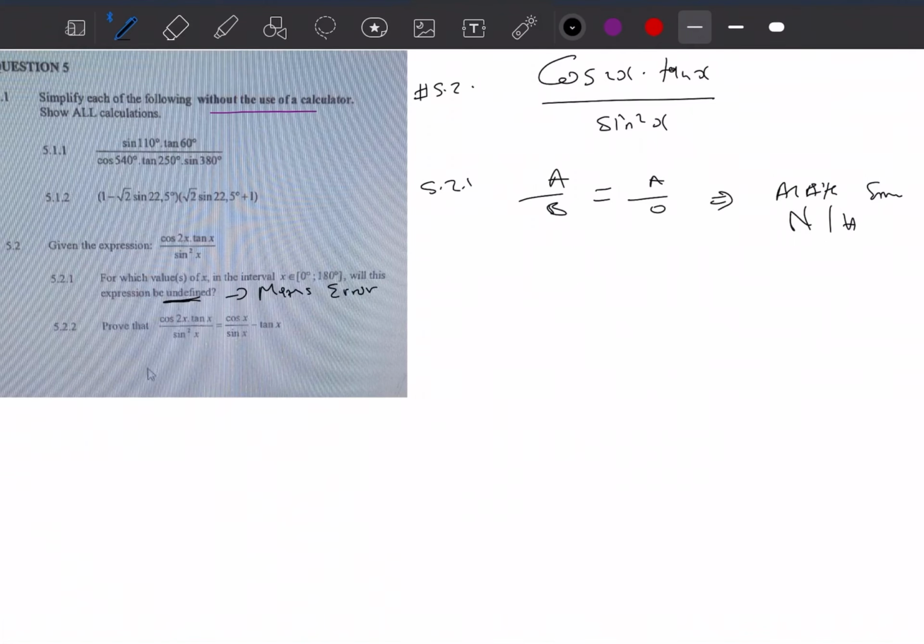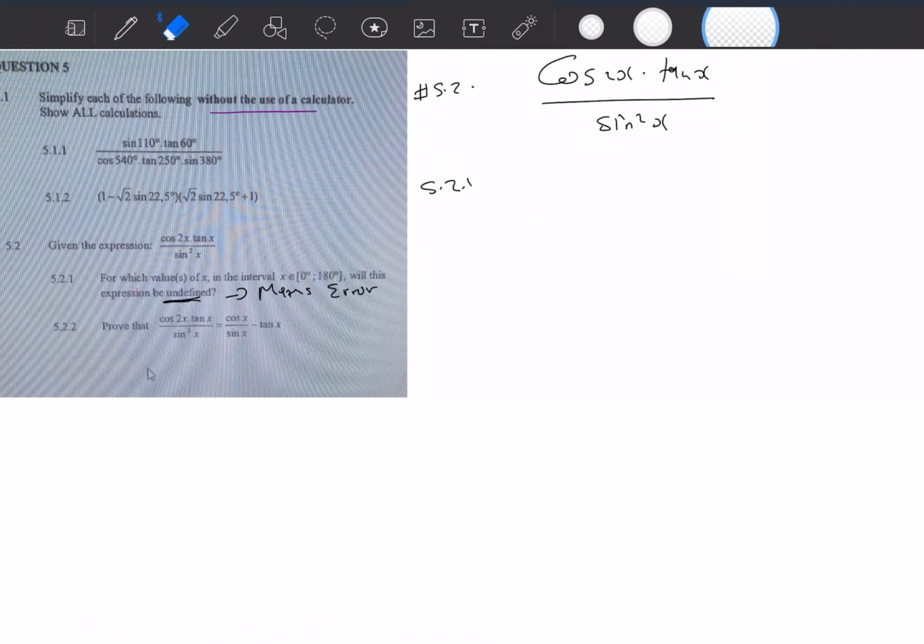So this expression is going to be undefined if the denominator is equal to 0. Okay, so again, this is going to be undefined if sine squared x is equal to 0.